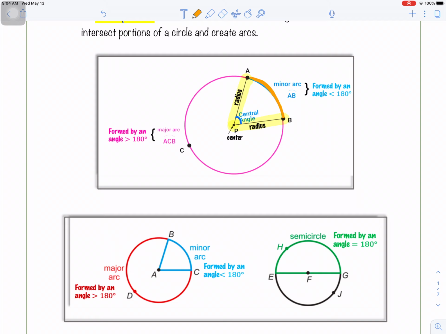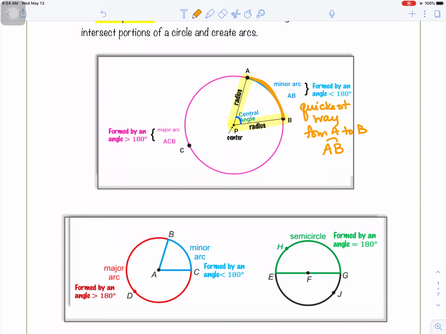An easy way to remember, it's the quickest way from A to B. That is minor arc AB. And we really don't even say the word minor. It's left off. Anytime we say an arc, we're assuming it's our minor arc.